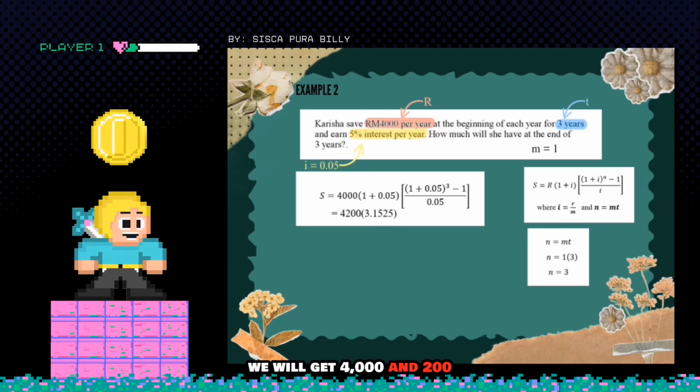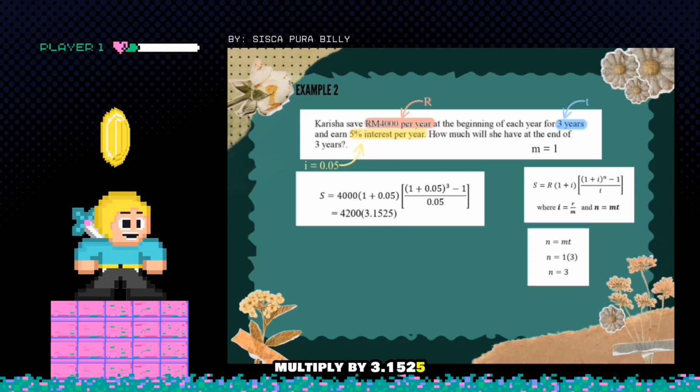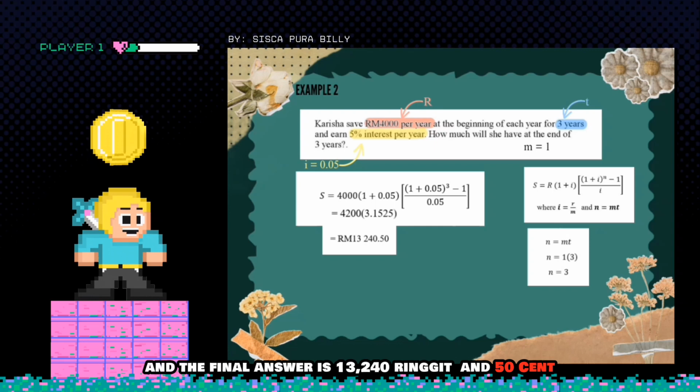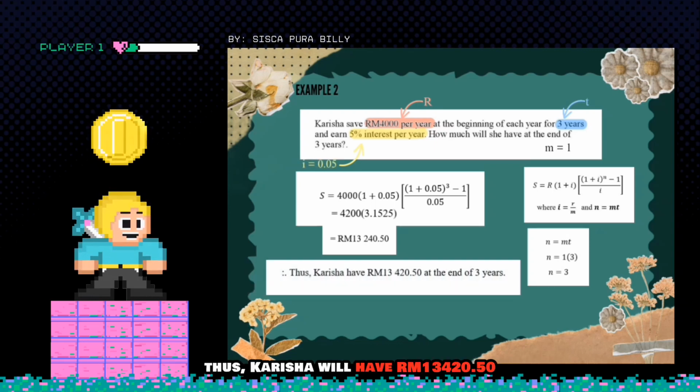We will get 4,200 multiplied by 3.1525, and the final answer is 13,240 ringgit and 50 cents. Thus, Karisha will have 13,240 ringgit and 50 cents at the end of 3 years.